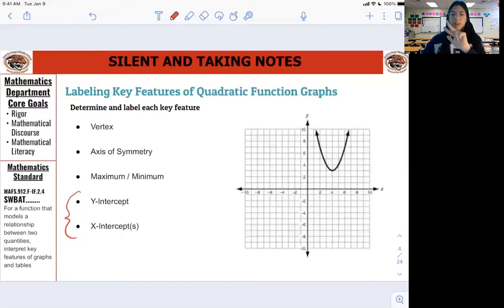Vertex, axis of symmetry, and max/min. All right, take about 10 more seconds.